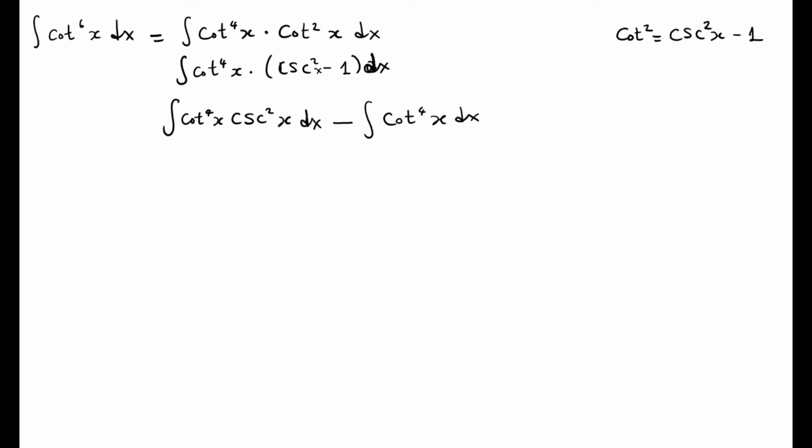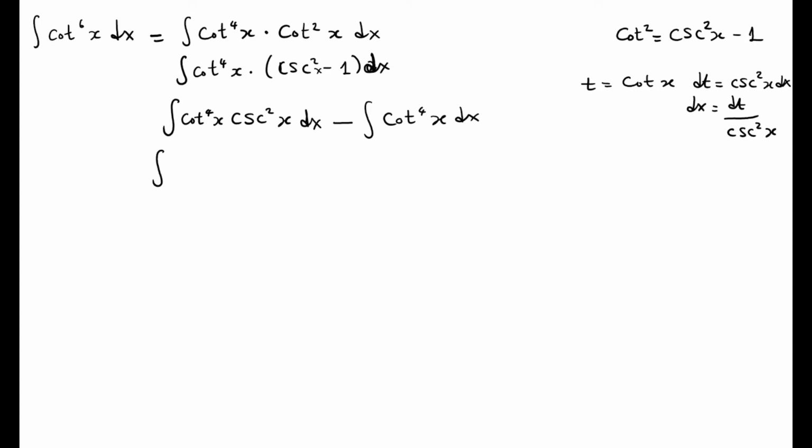So here on the first part we say t will be equal to cot of x. Then dt will be equal to cosec squared x dx, meaning my dx is equal to dt over cosec squared x.